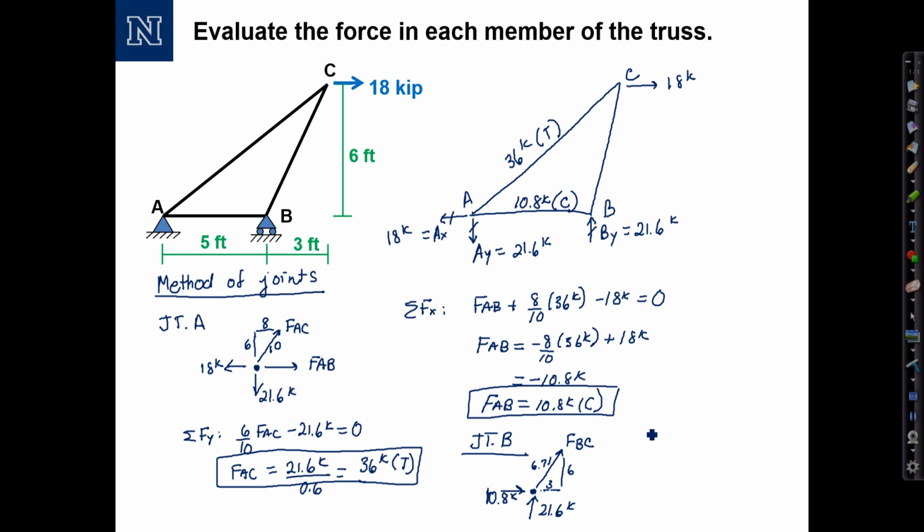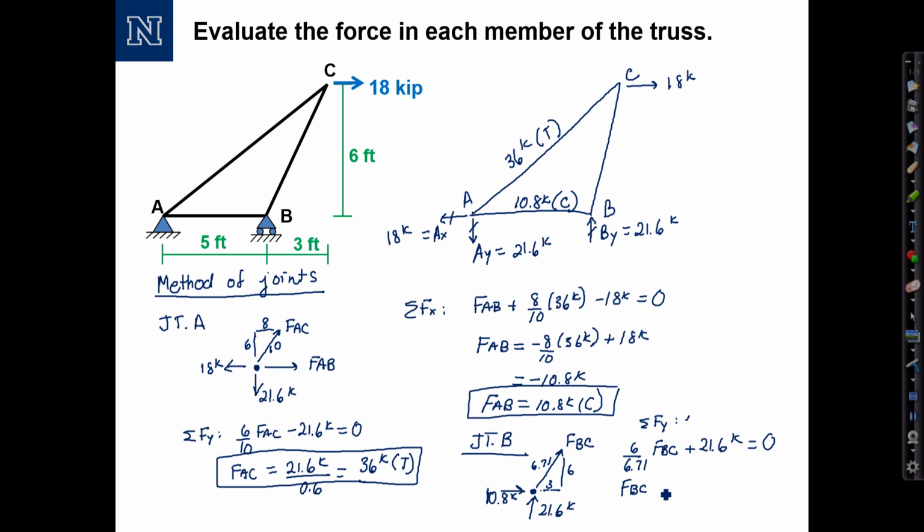So based on that, we could do the sum of the forces in x or the sum of the forces in y. I'll go ahead and do the sum of the forces in y equal to 0. So I have 6 over 6.71 FBC, the component of FBC in the y direction, plus 21.6 kips equal to 0.